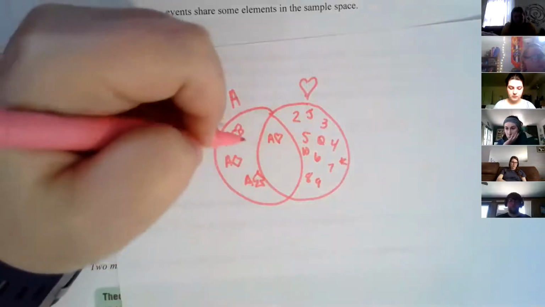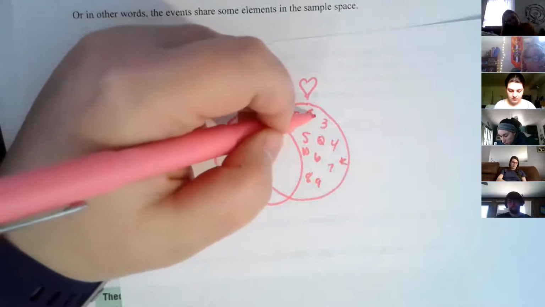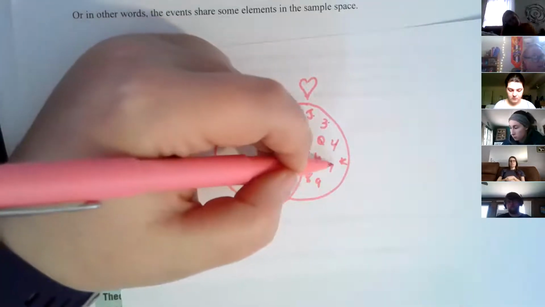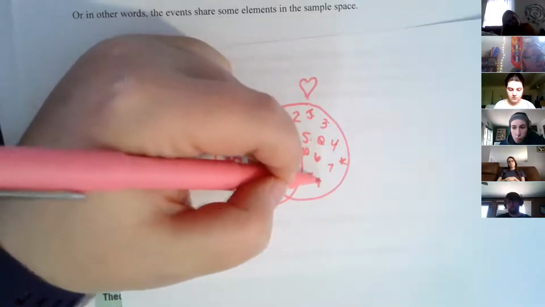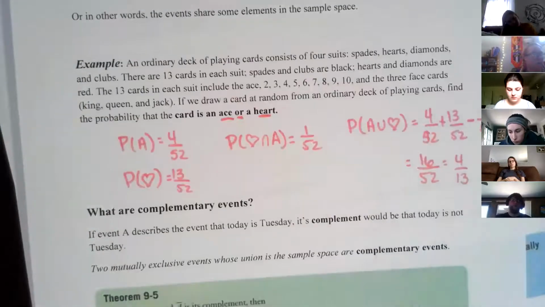So if I looked at that, that'd be 1, 2, 3, 4, 5, 6, 7, 8, 9, 10, 11, 12, 13, 14, 15, 16 of those cards in this picture out of the 52 cards we could have had in total. Does that make sense?